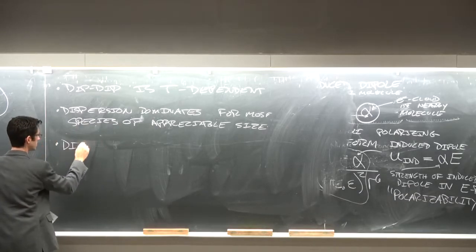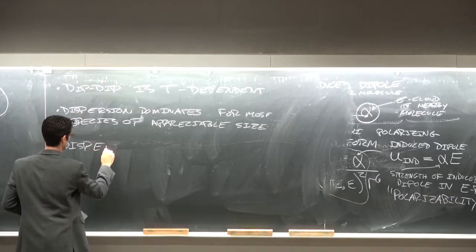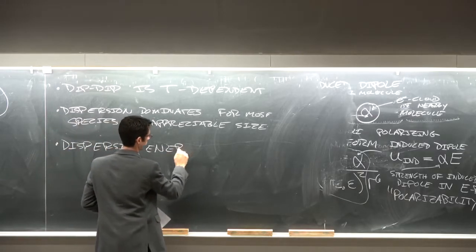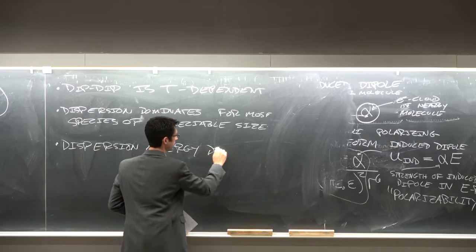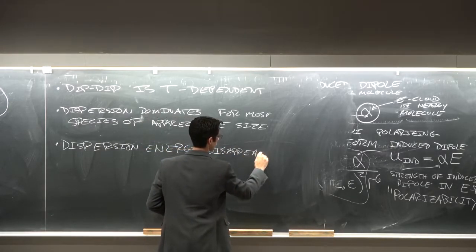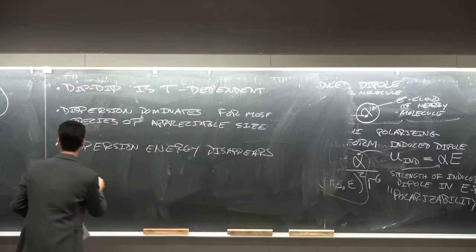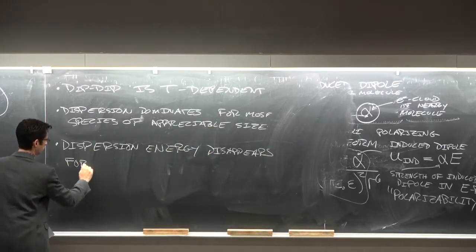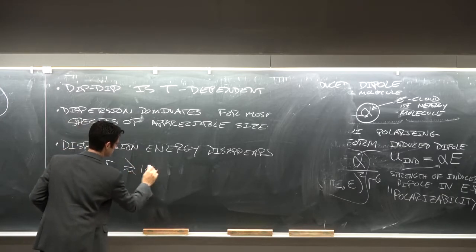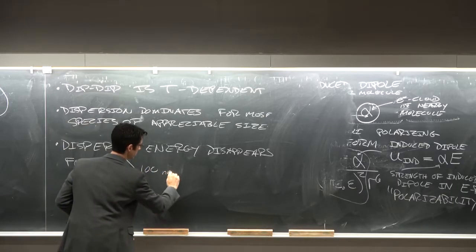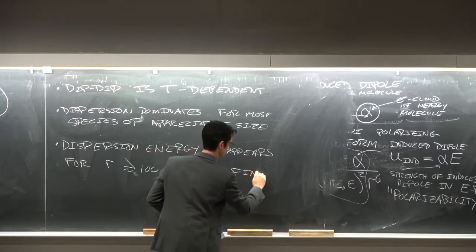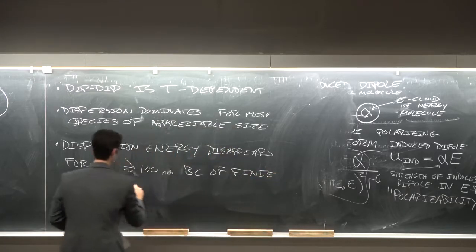So dispersion energy disappears for R greater than approximately 100 nanometers because of the finite speed of light.